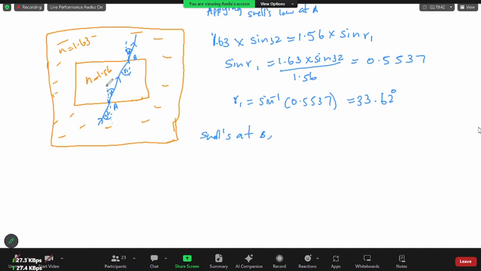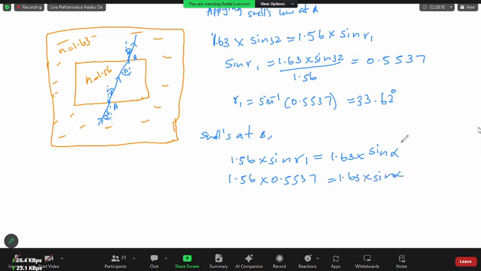Start from here. So n1 sine R1 equals n of second medium, 1.63, into sine alpha. Actually, sine R from here we can apply directly: 0.5537 equals 1.63 into sine alpha.